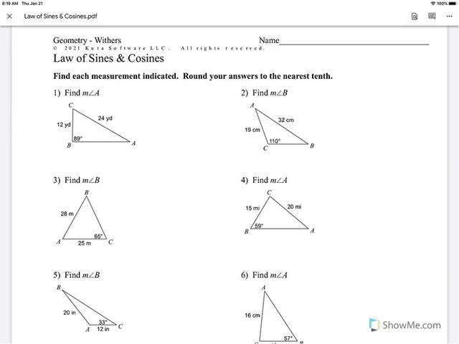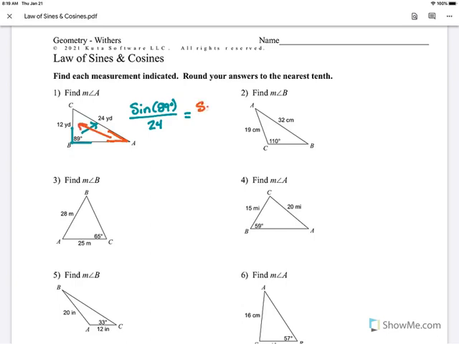So, Kellen, can you kind of see this? Okay, so remember we have to have our one that everything's given on. So we have our angle and our side across from it, right? So that's the one we're going to use first. So the sine of 89 degrees over 24 equals, and they want us to find the measure of angle A. So we have A, and the side across from it is 12, right?